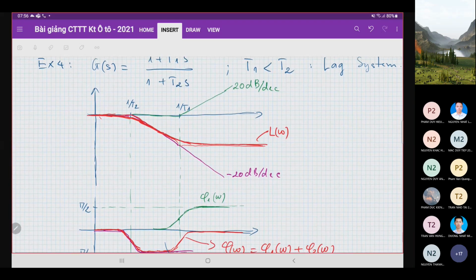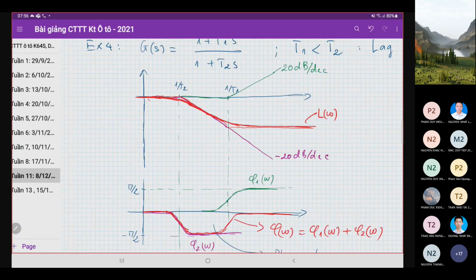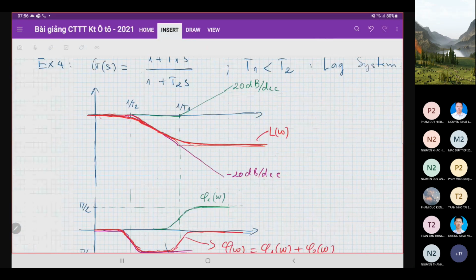Because L omega is 20 log of the amplitude, and when log x equals 0, what is x? x will be equal to 1. Yeah, that's why.